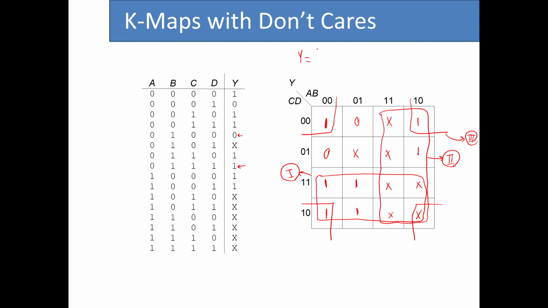So for the first one, let's just see what we have here. For all these 8 cells, what is the value of A? A is both 0 and 1. So that means that A is not going to be included.